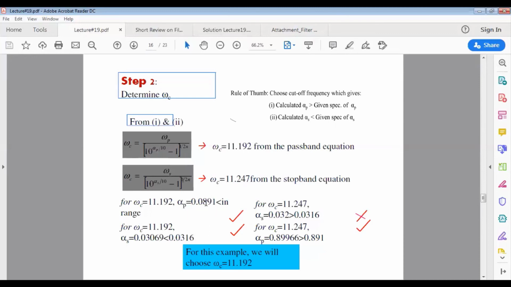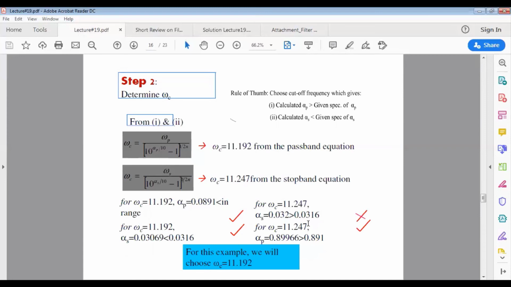For the alpha P, 0.0891 is bigger than the specification, yeah? Because the spec is 0.0891. So in this calculation, the alpha P does have extra value up to 5 points here, yeah?